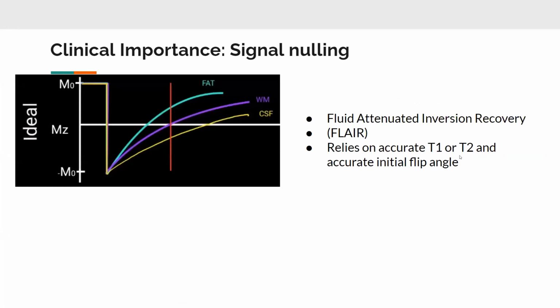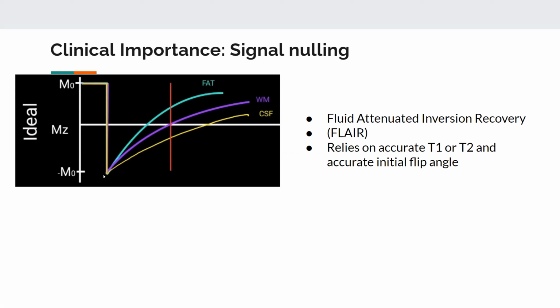Okay, so getting more into why B1 variation leads to signal loss, we can use the example of an inversion recovery pulse. We've talked a little bit about this in the past, but just to talk about how this pulse plays out in an ideal condition. We'd start off with all of the signal being in M0, and then you apply a 180 flip. So all of the magnetization will become negative M0.